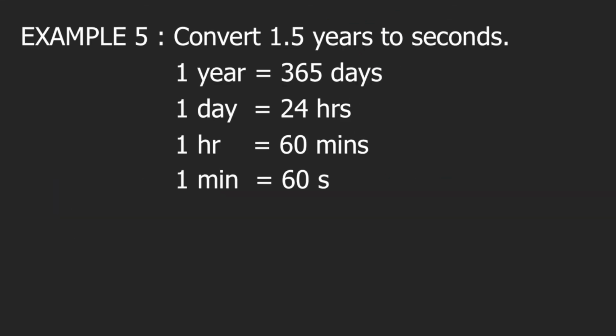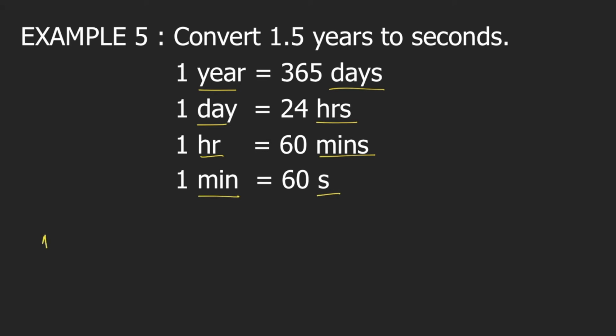For example 5, convert 1.5 years to seconds. So according to the equivalence given, what we can do is to convert first years to days, and then days to hours, hours to minutes, and then minutes to seconds, which is our final unit.